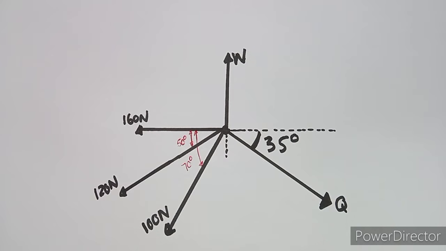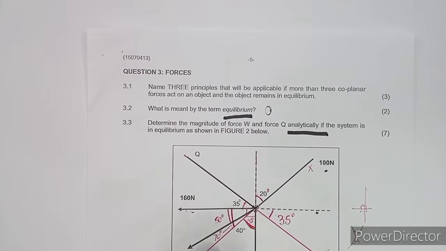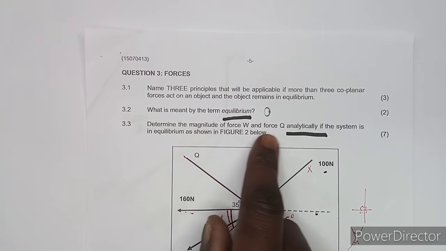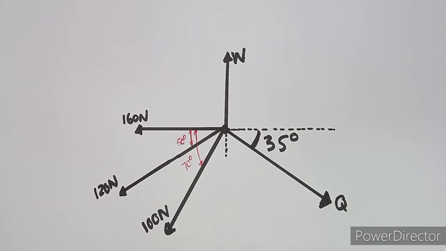So when given this concept, how can we actually calculate? Because the question is to determine the magnitude of force W and force Q. So what are we going to do? All right.